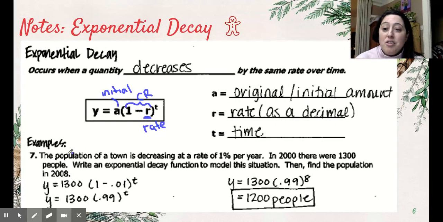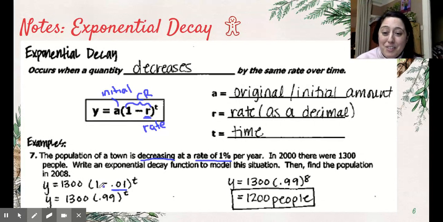All right, so we're talking about the population of a town is decreasing at a rate of 1% per year. All right, so we see this 1% right here. And again, there was a review video in yesterday's lesson on how to turn a percent into a decimal. So you always need to change a percent to a decimal to use it in an equation. All right. And the 1 here, if you notice, the 1 is just part of the equation.